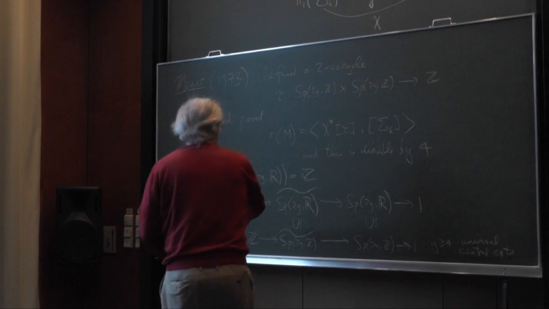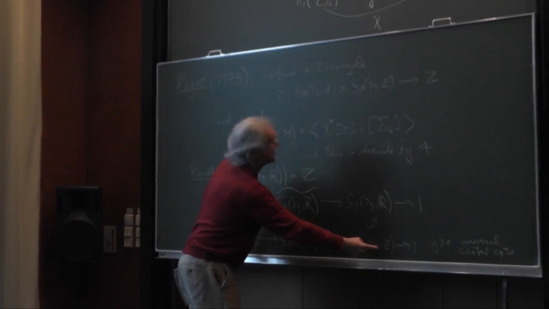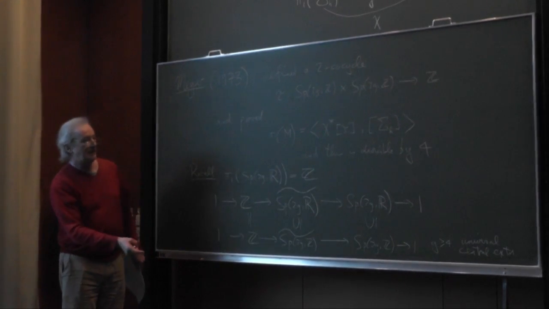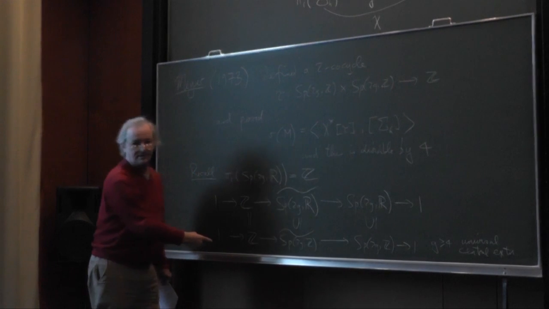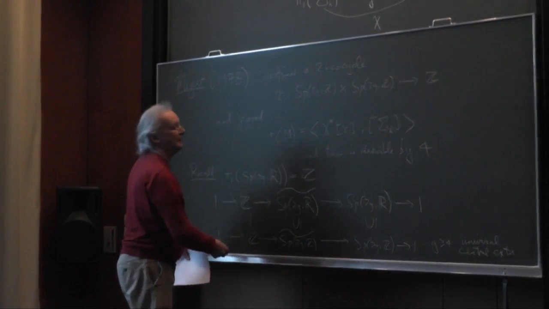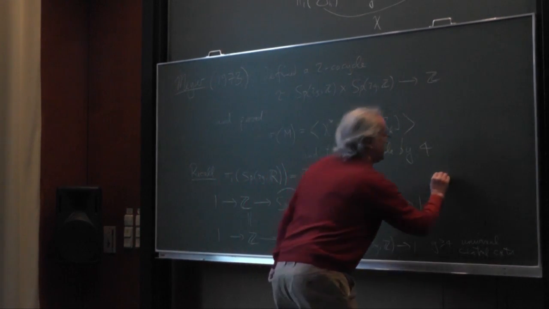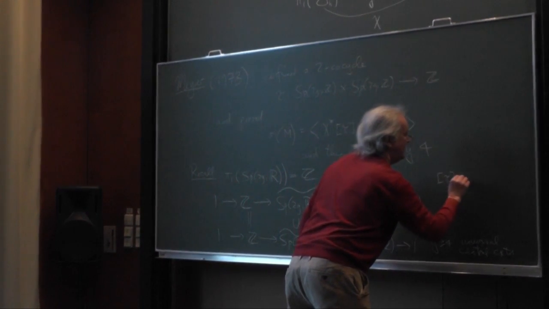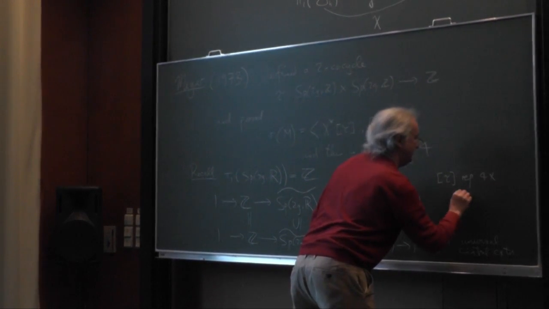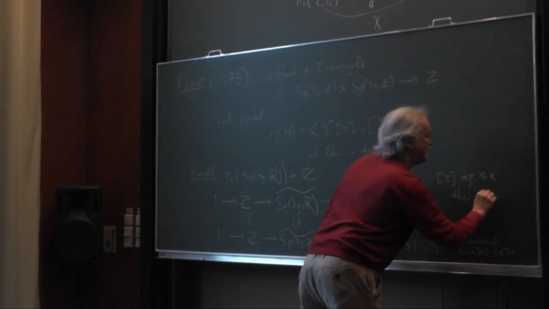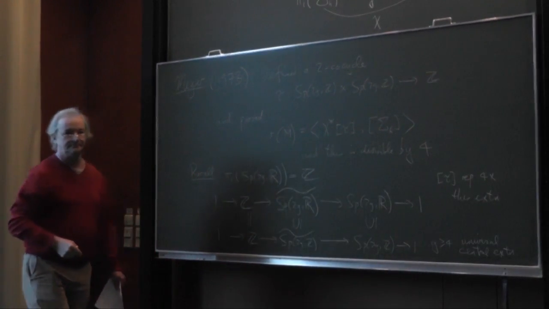So anyway, if I take this element of H^2 of this group, this tau is actually 4 times this class. So let me just write tau represents 4 times this extension. And that actually explains in some sense the divisibility of this quantity by 4.